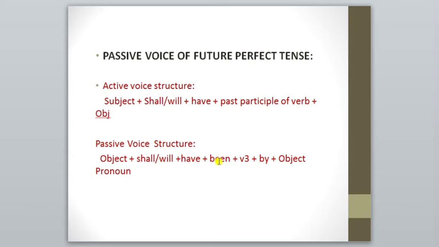See, be means to be's form, to be, right? And most of the verbs are there, they are having en in the past participle. Means the given is there, eaten is there, driven is there, taken is there, right? So be plus en, which new word is formed? That is the been. Okay, so object plus shall oblique will plus have plus been plus V3 plus by plus object pronoun.